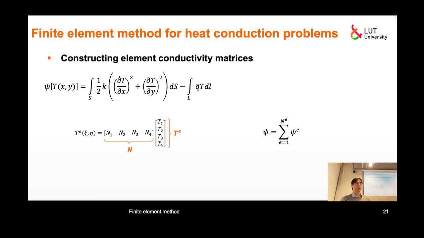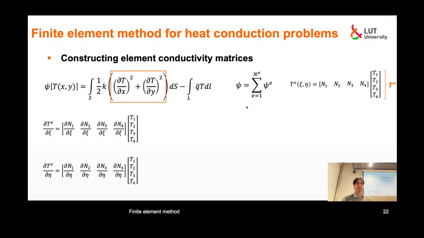And I hope it's clear that this functional is an additive thing. So that means that the value of this functional for the entire domain can be calculated as a sum of values calculated for each particular domain. So that's what I put here.